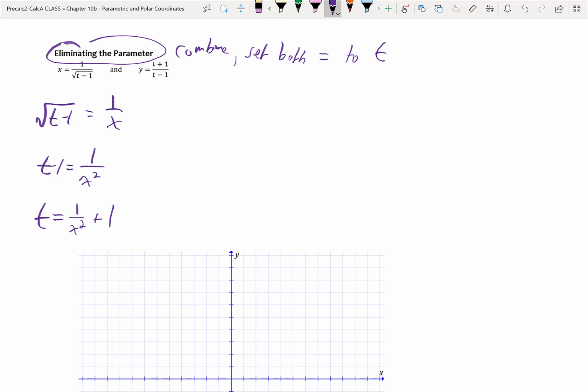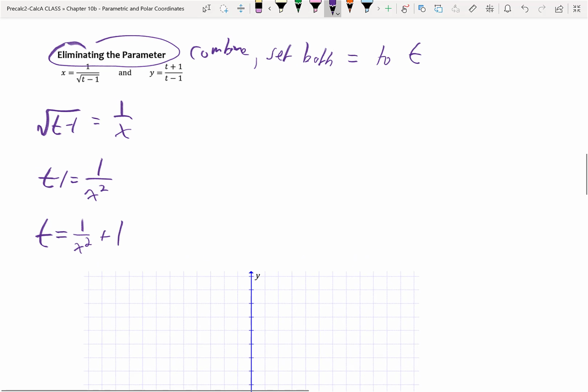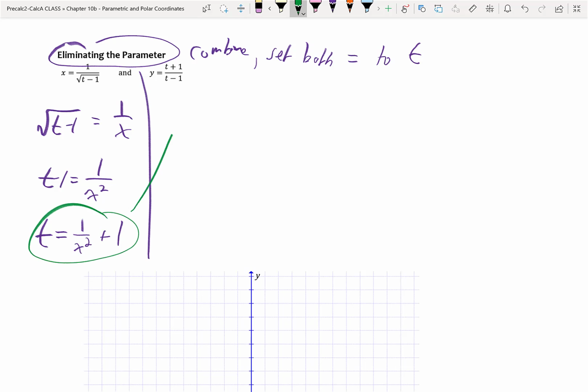And in the second one, I don't really need to do that. I want to make it a function in terms of y, so let's not set them both equal to t. Let's just plug this in. Y is equal to 1 over x squared plus 1, over 1 over x squared plus 1 minus 1.